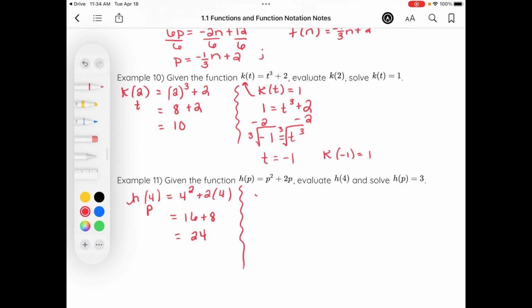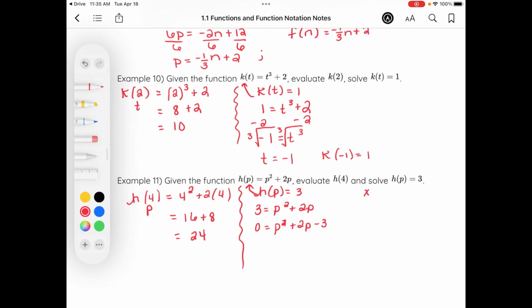Now we want to solve h of p equals 3. We have a quadratic here, so we are going to need to factor. In order to do so, we have to set it equal to 0. So I'll subtract 3 from both sides. And now I need to find two values that multiply to negative 3, but yet add to positive 2.